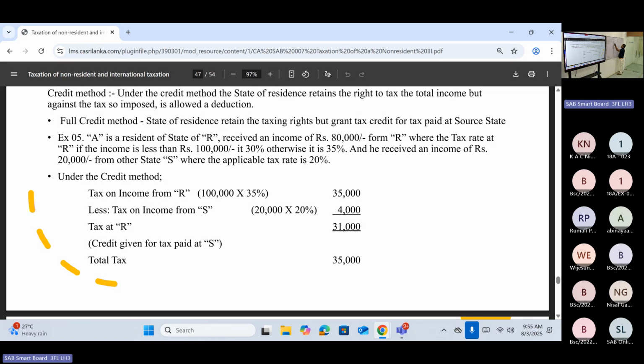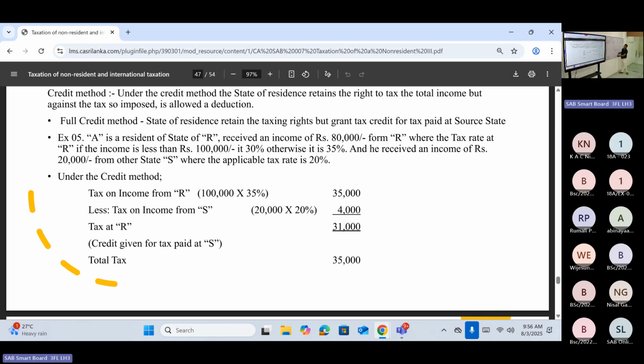Altogether he is receiving 100,000. We tax him. Therefore, income is 100,000, taxed at 35%. 35,000 we are taxing. The 20,000 also we are taxing.